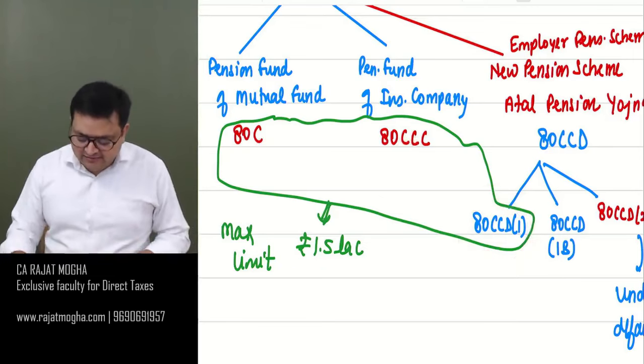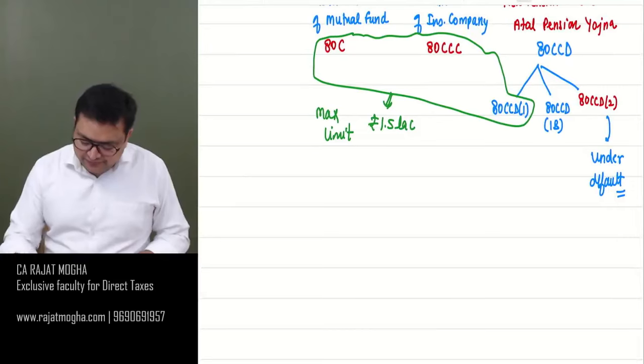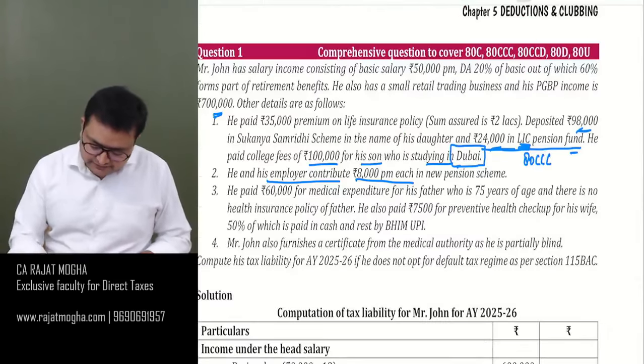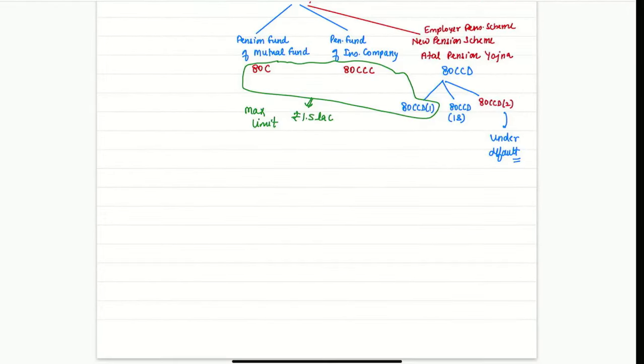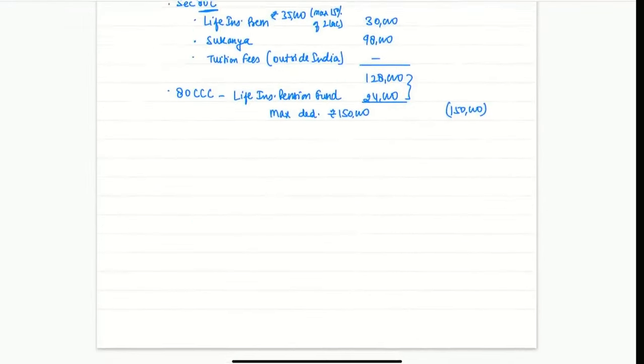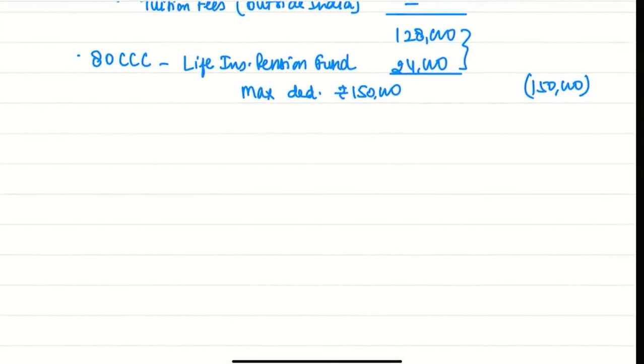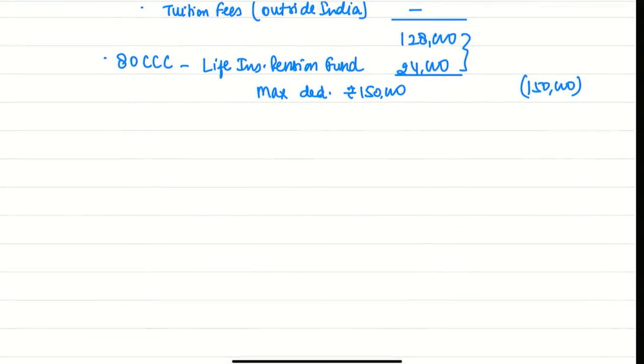Okay. Now let us discuss 80CCD also. Everybody, please, let us discuss 80CCD1. One is 80CCD1. Leave 2, 3 lines.